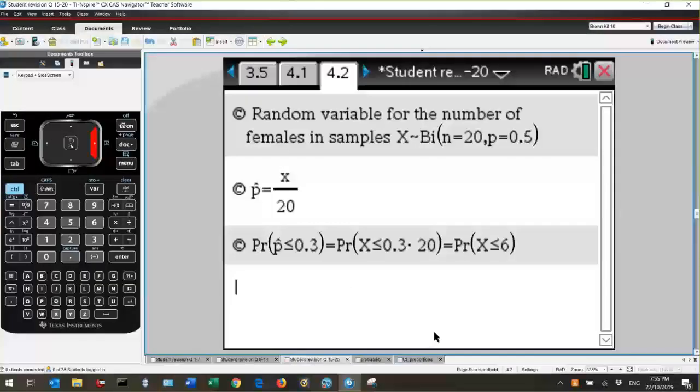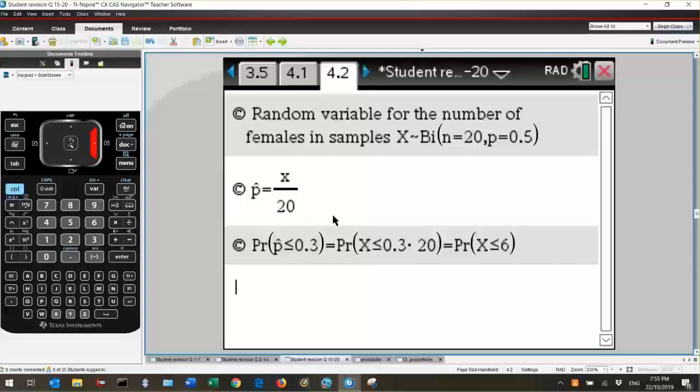in this case, the random variable for the number of females, not the proportion of females in samples, but the number of females in samples, is going to be binomially distributed, because either the person selected is female or isn't, with n equal to 20, p equal to 0.5. Now the sample proportion p hat is the number divided by 20.